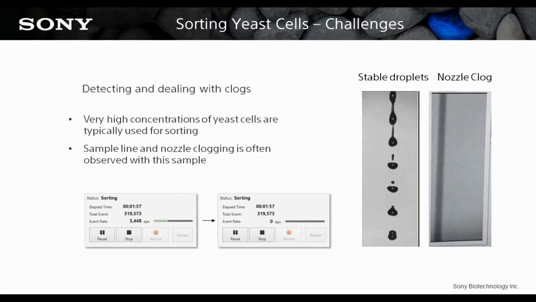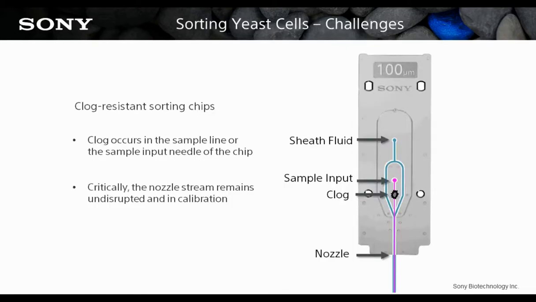So it is especially important to watch out for clogs on the 70-micron nozzle, which is the narrowest of the 3 sizes that we offer, and therefore it is the most troublesome. So I would recommend that you refilter your cells throughout the sorting process, as often as every 20 minutes, because the onboard agitation may not prevent cell aggregation, especially if yeast are at a high concentration.